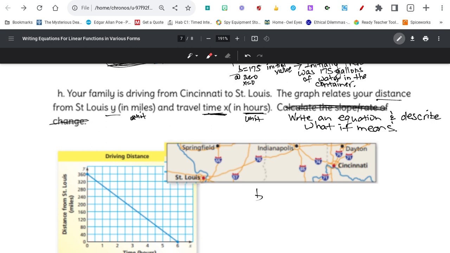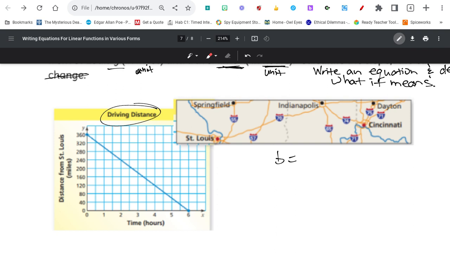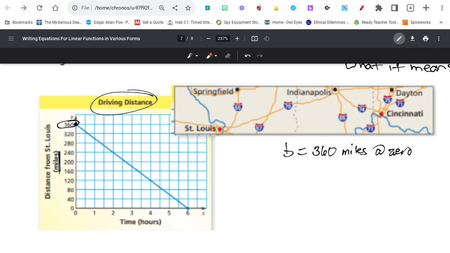That's what we're going to do. So I'm going to find B. And this one does have a title, it's driving distance. B is where it touches the y-axis. So it touches the y-axis at 360. And that's miles, so this is talking about 360 miles. I'm going to write at 0 what? Well, what's on the x-axis?